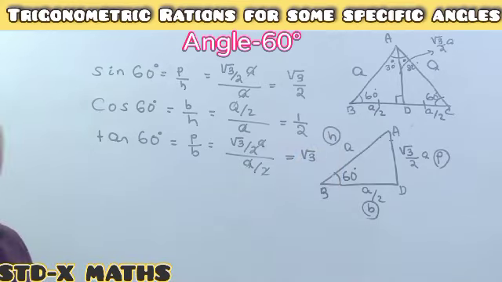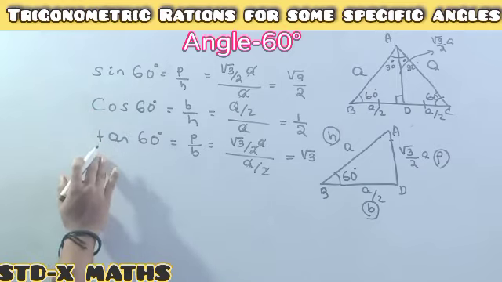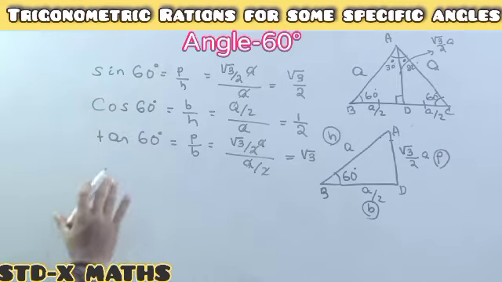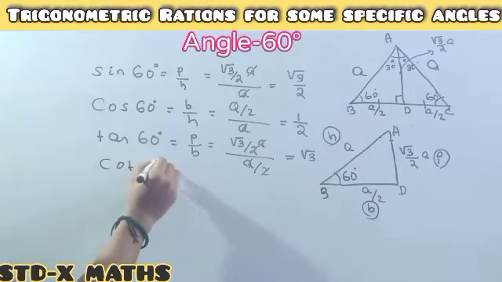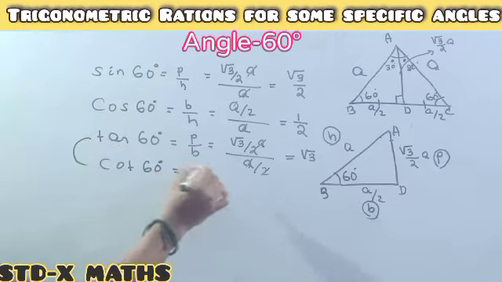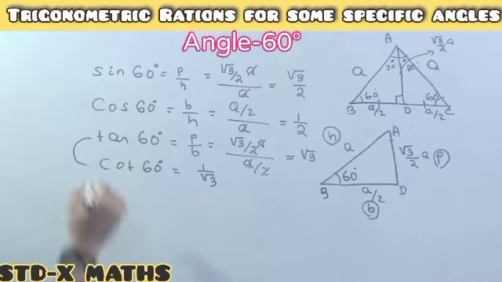Tan 60 degree is root 3, and once you are getting sine cos tan, it means the next three trigonometric ratios you can find easily by taking the reciprocal. See, cot 60 degree is the reciprocal of tan. So reciprocal of root 3 will be 1 by root 3.